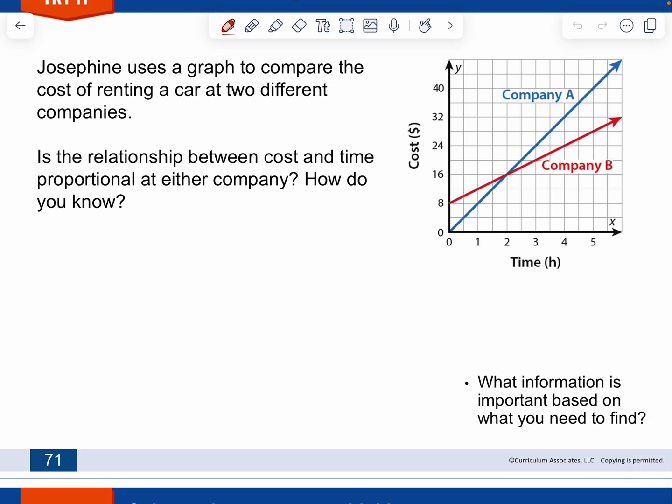Is the relationship between cost and time proportional at either company? And how do you know? Well, what do we notice that both of these are? They're both straight lines. Do you notice anything else? How could we figure out if they are proportional?